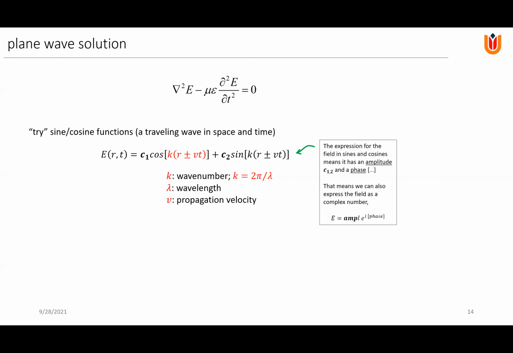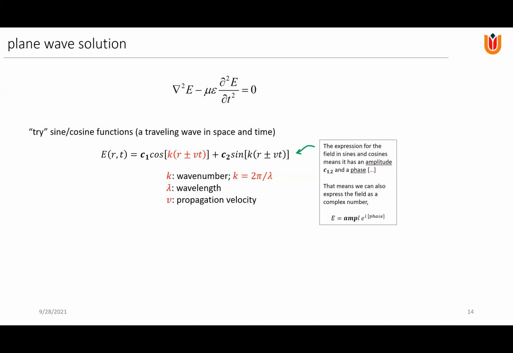Again, this expression has sines and cosines, so with certain wave vectors. It means that it has amplitudes, C1 and C2, and it has phases, whatever is in the argument.